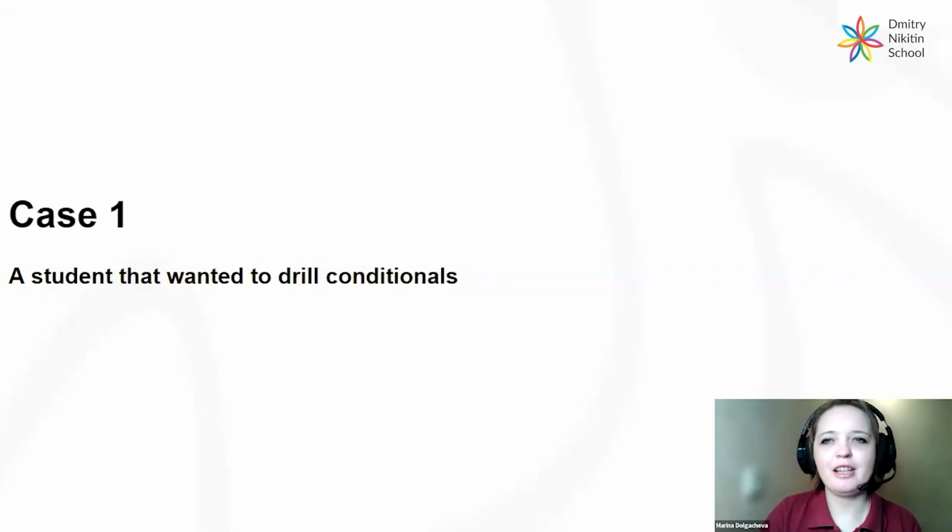So the very first case, you can see it on the screen, a student that wanted to drill conditionals. That was a student of an upper intermediate level, and basically her idea was that if she was asked to speak about something she regrets, and by the way, that student was a teacher of English.